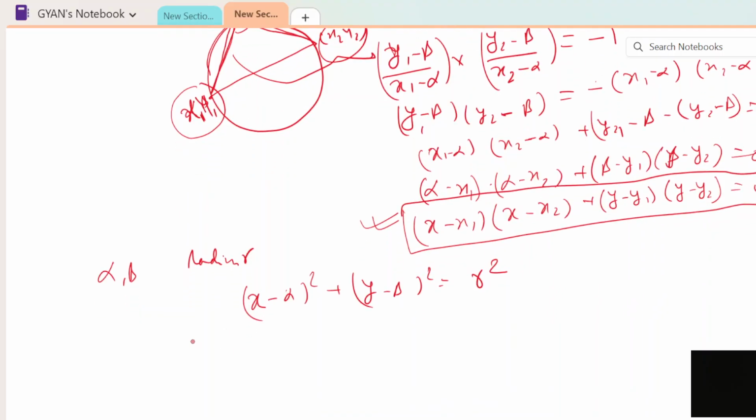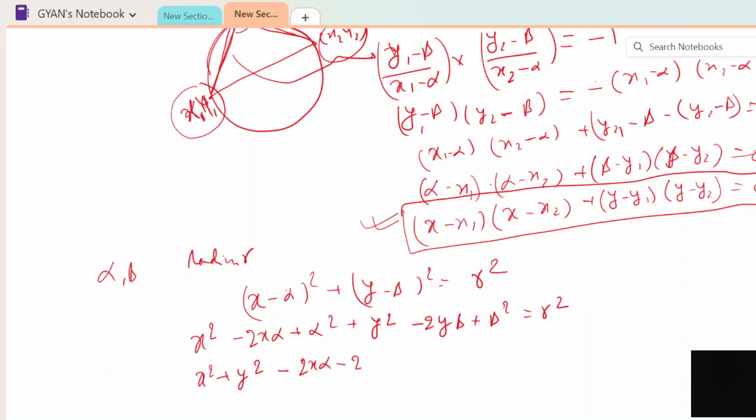Now expand it: x square minus 2x alpha plus alpha square plus y square minus 2y beta plus beta square is equal to r square. So this one is x square plus y square minus 2x alpha minus 2y beta plus alpha square plus beta square minus r square is equal to 0.